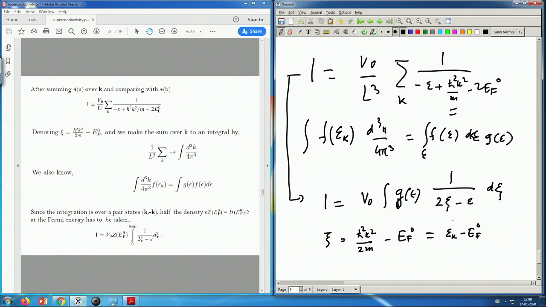This epsilon k is the original energies of the original fermions, electrons.